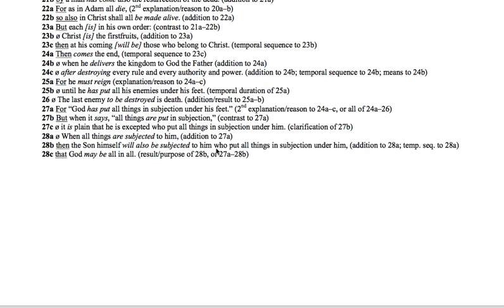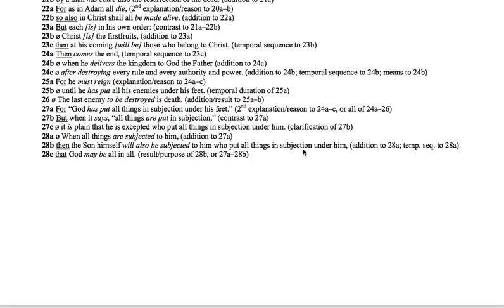What I want to note as well is notice this: who put all things in subjection under him. All right, that is a relative clause, and I am determining that we should keep it on this line, because all it's doing is clarifying or adding some comment about what we see here. Then the Son himself will be subjected to him who put all things in subjection under him.